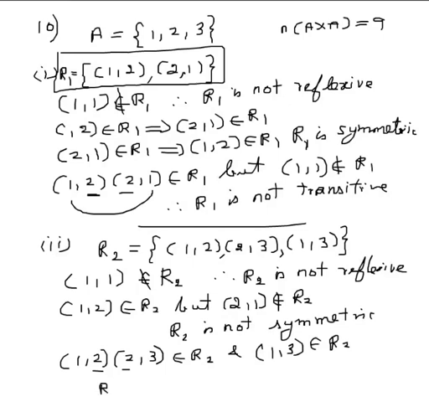Okay, this is satisfied, therefore R2 is transitive. So we wrote an example which is transitive, but neither reflexive nor symmetric.